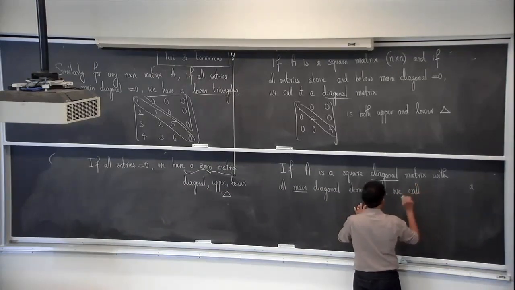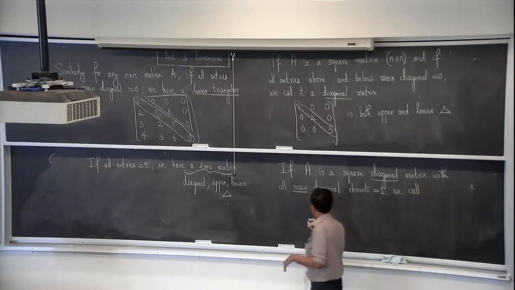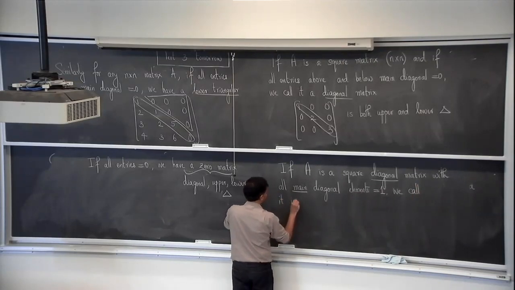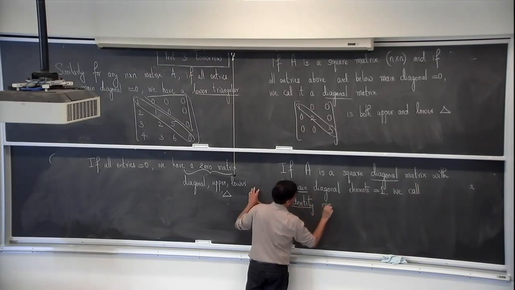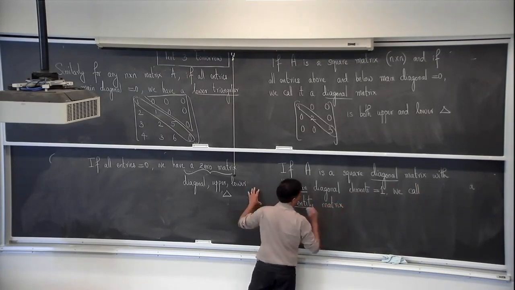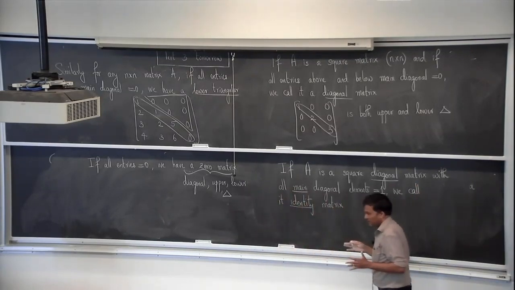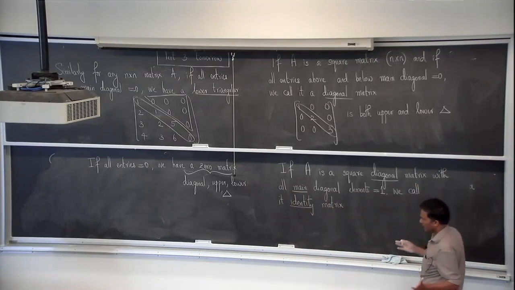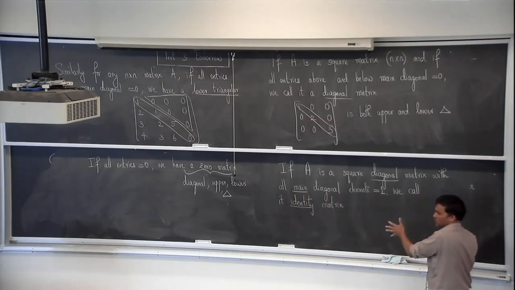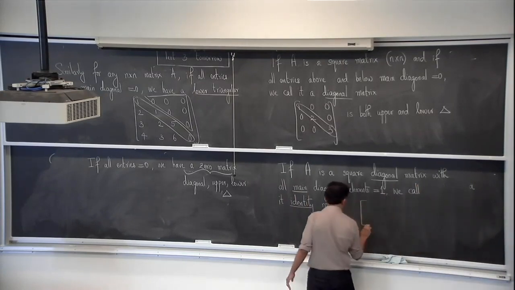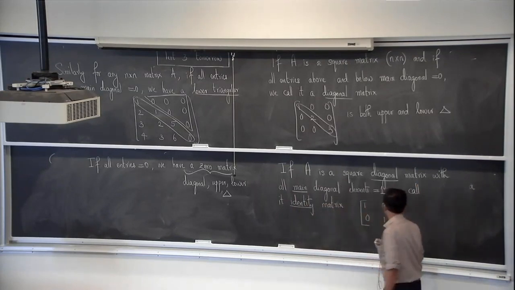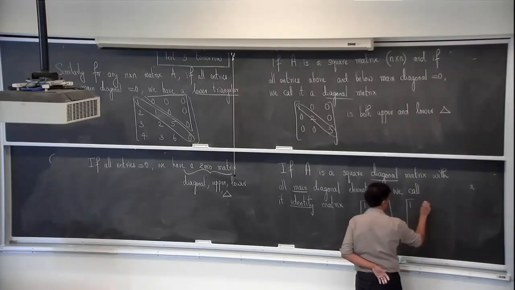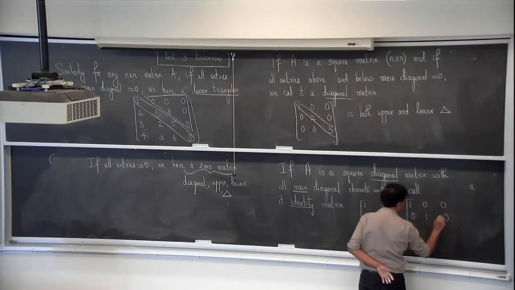And we'll see why it is called an identity matrix soon. So for this course, even if you don't know what an upper triangular matrix or a lower triangular matrix is, this one you should know. So a 2 by 2 identity matrix looks like this: 1, 0, 0, 1. A 3 by 3 identity matrix looks like this: 1, 0, 0, 0, 1, 0, 0, 0, 1.